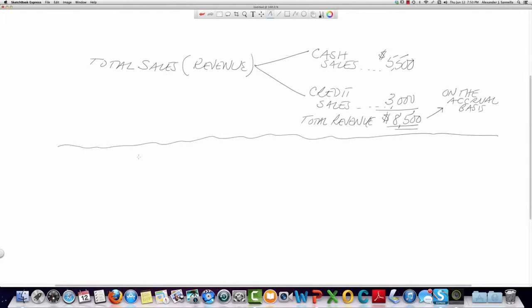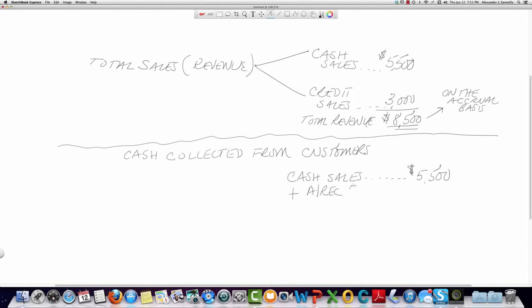If we were interested in more of a cash basis or a cash flow, we'd look at cash collected from customers. And the cash collected from customers would include your cash sales plus the accounts receivable collected.